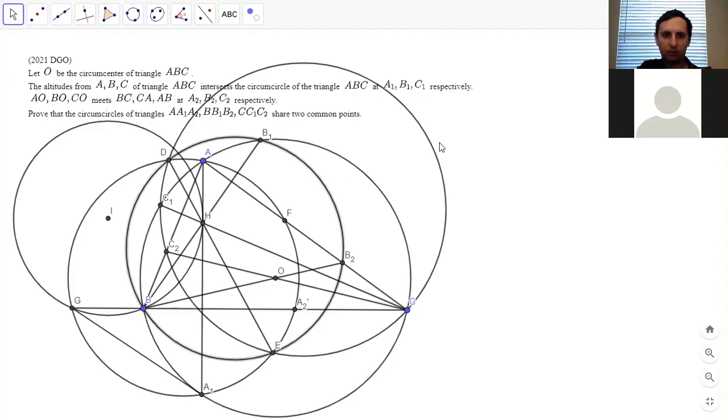And A and A1 have the same ratio of powers with respect to them. So G, since G lies on the circle and A2 also lies on it, they have the same ratio of powers with respect to them. Maybe that would help. So let's see, I have this circle. I'd have to draw this point.